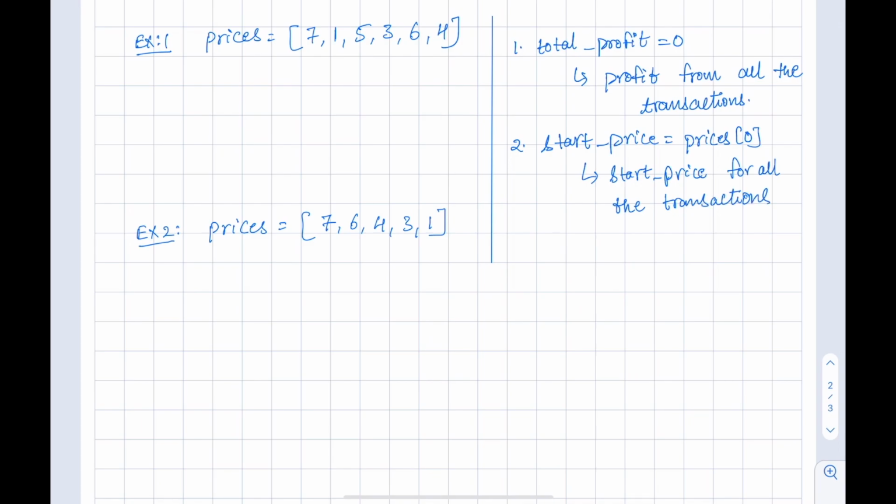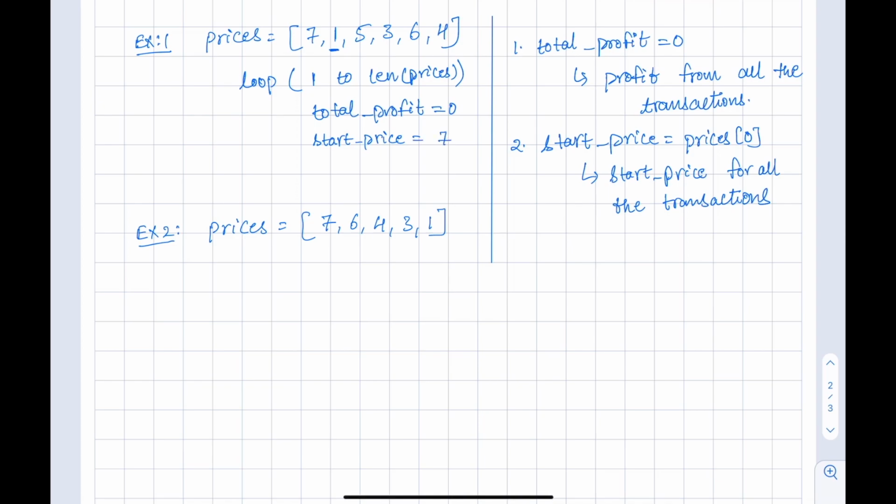Okay, now let's start the explanation. I'm going to loop from prices[1] to the end of the prices array. So on day 2, what am I going to do? Let's store the initial values: total profit is initially 0, and my start price initially is 7.